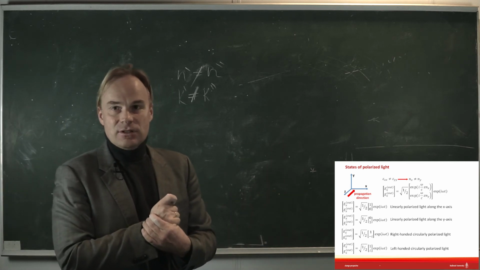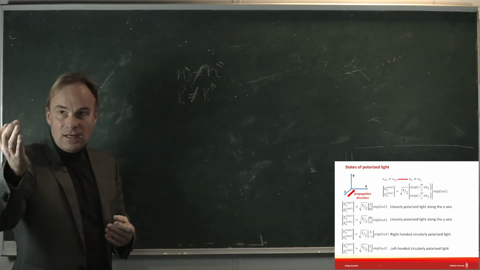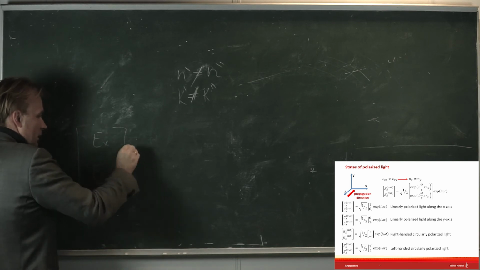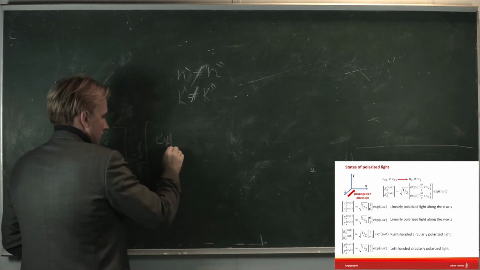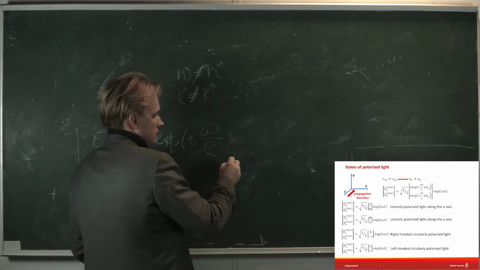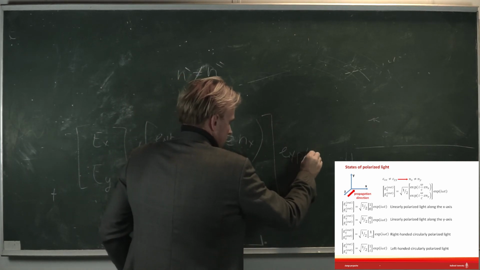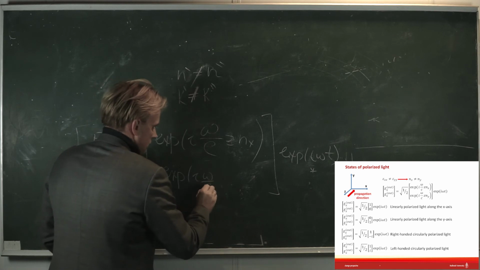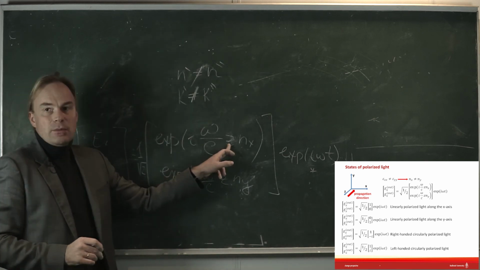and in particular it may have some elliptical polarization described by, for instance, the general expression shown on this slide, where z is the distance that light was traveling through the crystal.